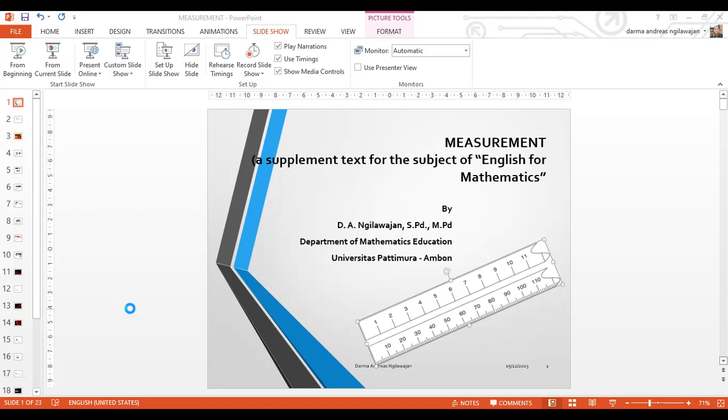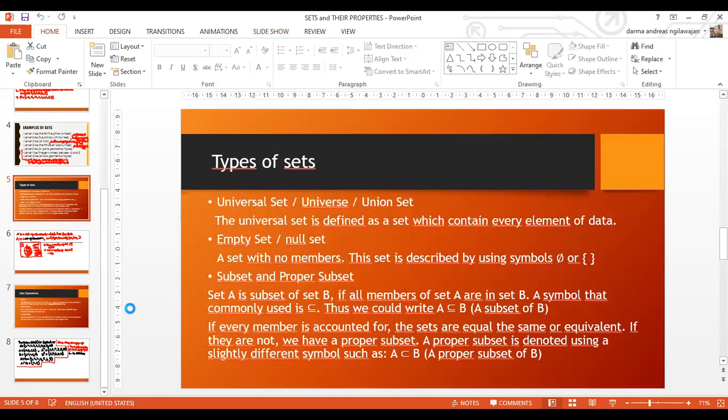Okay, let's see some. Now, what do you see? Types of set. Okay.